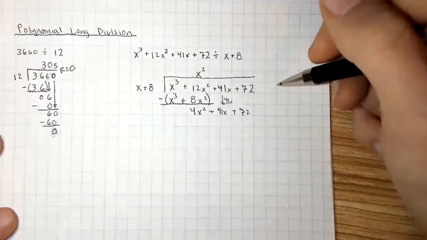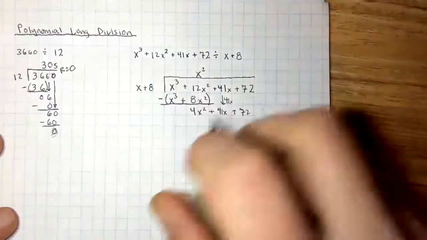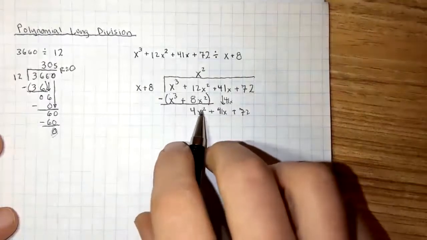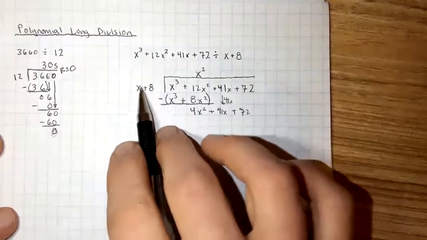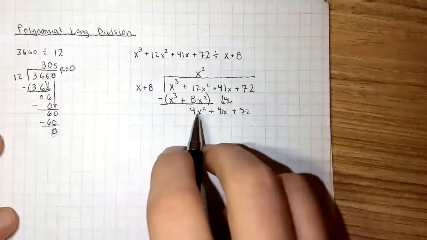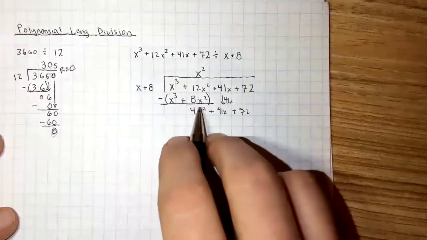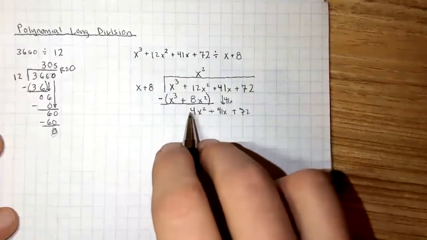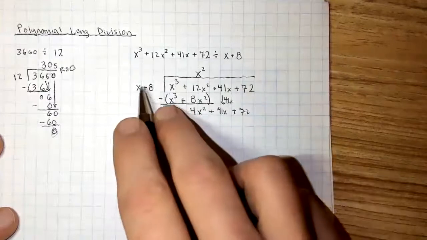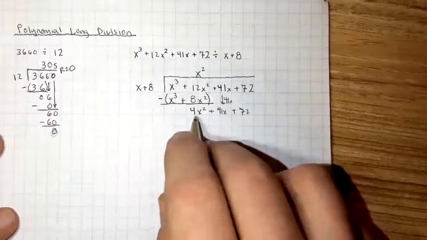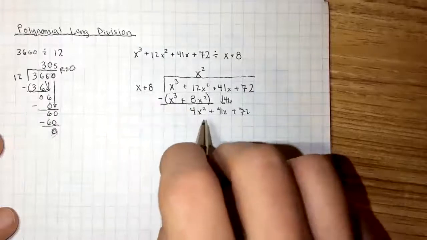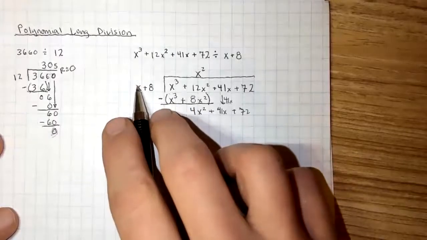Okay, same idea here. What we're going to do now is, how many times does x go into 4x squared? Or another way to think of it is, what is 4x squared divided by x? Well, 4 divided by 1 is 4. x squared divided by x is x.